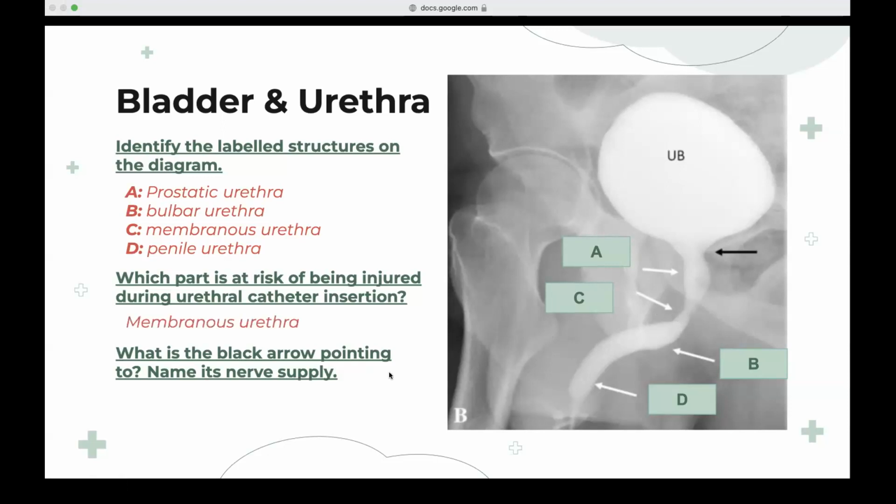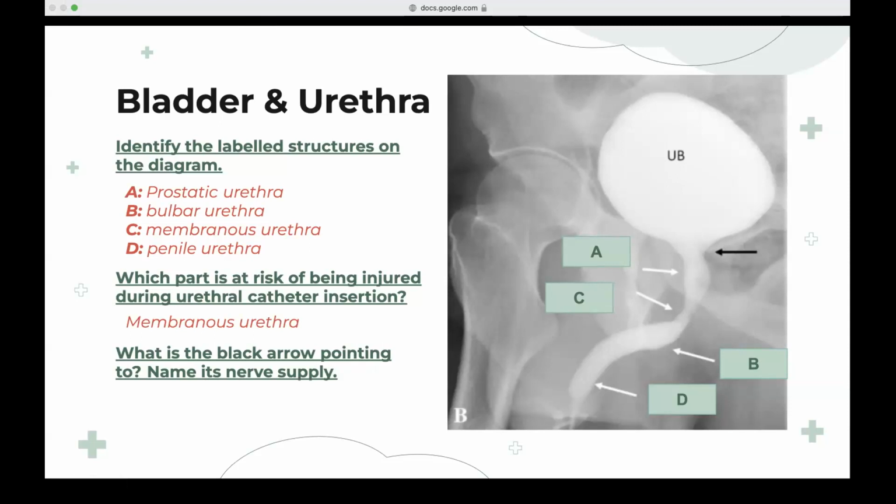What's the black arrow pointing at? The internal sphincter. Exactly. So here we have the internal urethral sphincter, here the external urethral sphincter. The internal urethral sphincter is innervated by what? The autonomic nervous system, so basically sympathetic and parasympathetic.